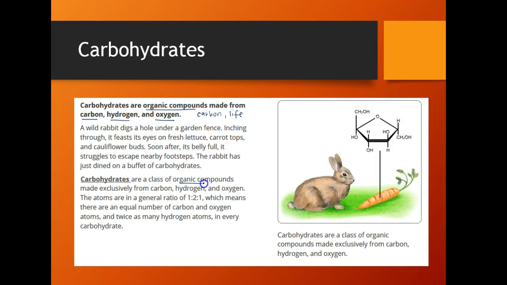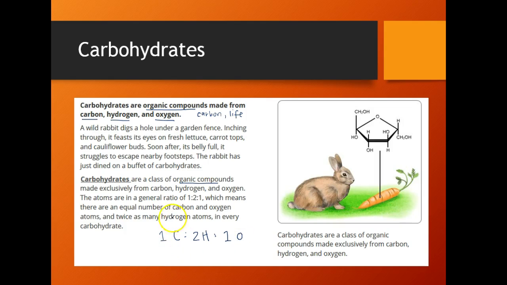Carbohydrates are a class of organic compounds that are made exclusively from those elements. The atoms are in a general ratio of 1 to 2 to 1, which means that for every one carbon, there are 2 hydrogens and 1 oxygen.